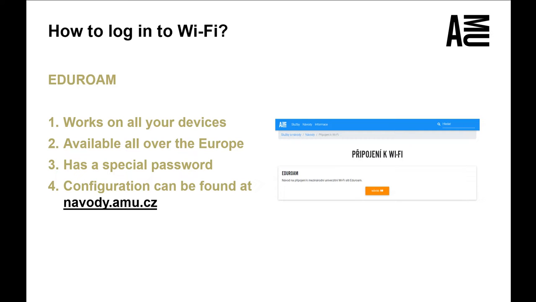There you will find a step-by-step process, and if you follow it, you'll be sure to log on to the network. If you have any problems, please contact your faculty IT administrator, and he will be happy to help you.